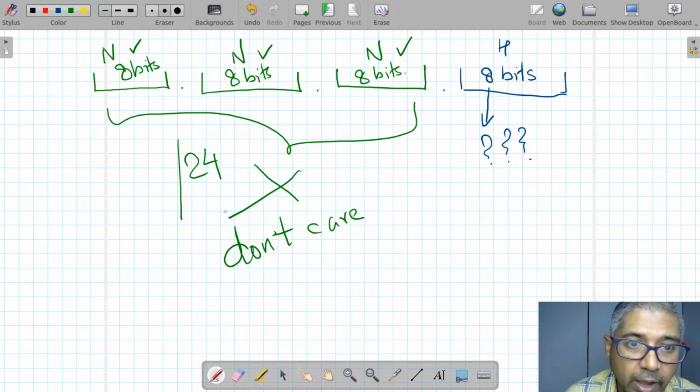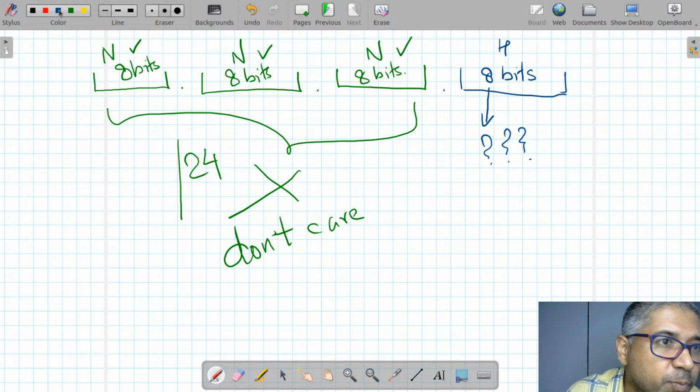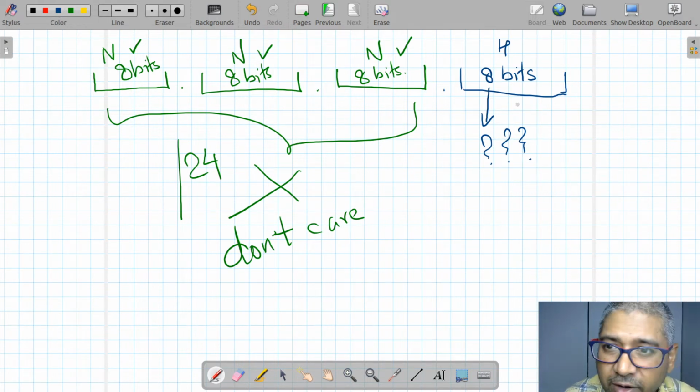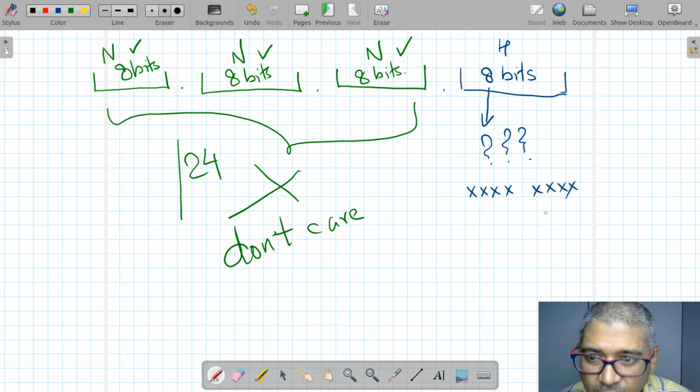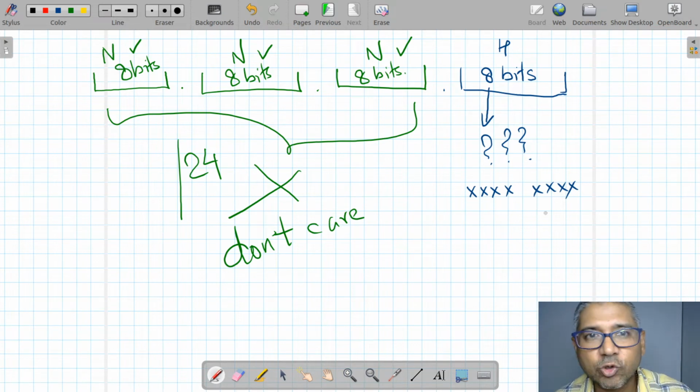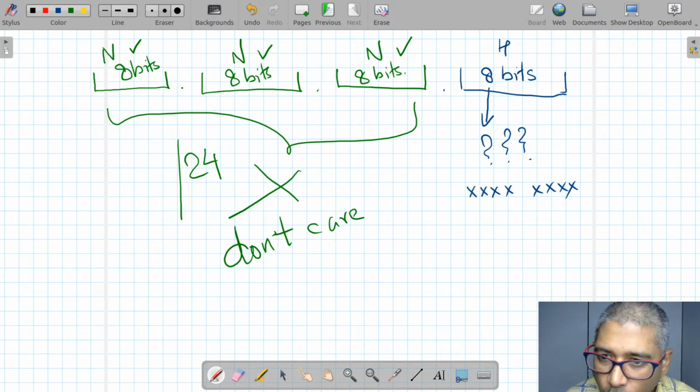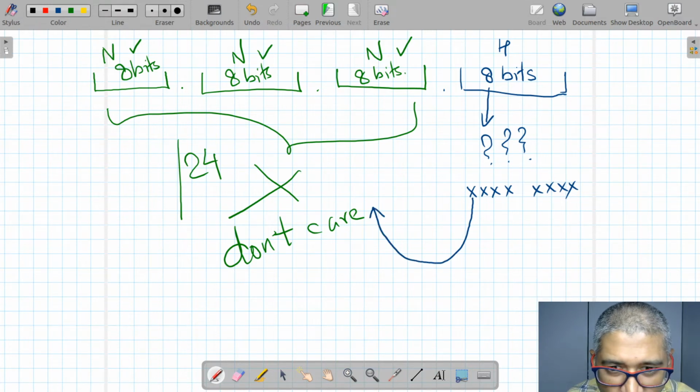Now, how many bits do we have in the host octet? Tell me. 1, 2, 3, 4, total 8 bits. Do you agree or not? Yes, sir. Okay. So the technique is that we move one bit from the host to the network bits.